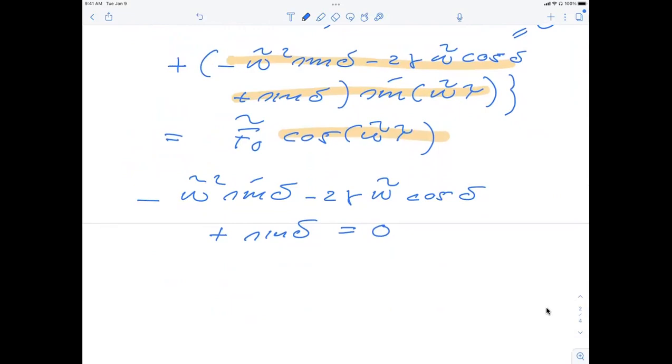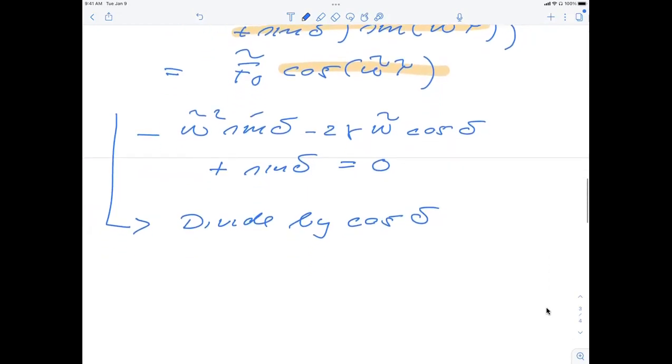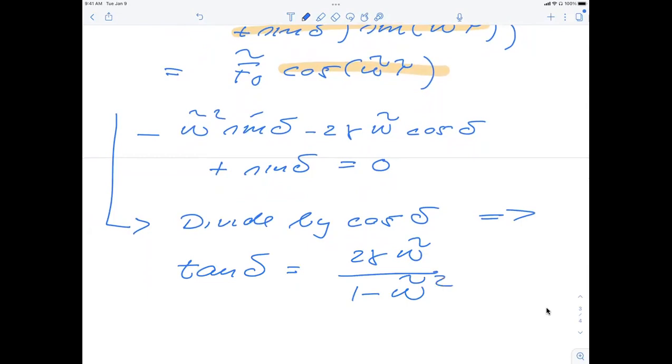What we do next, we take this equation and divide both sides by cosine delta. That gives us a tan delta. So when we reorder, this gives us that tan delta is equal to 2 times gamma of omega tilde over 1 minus omega tilde squared.